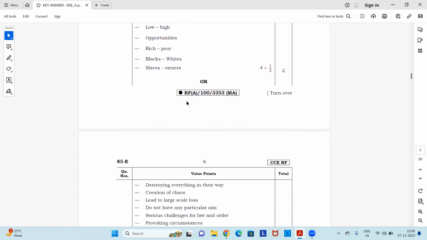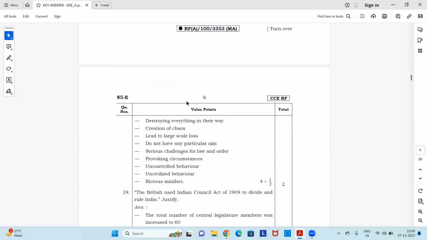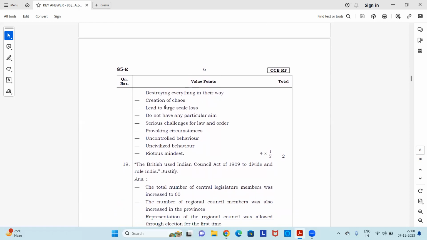Okay, now next, the second answer here: destroying everything in their way, creation of chaos, led to large-scale loss, do not have any particular aim, serious challenges for law and order, provoking circumstances, uncontrolled behavior, uncivilized behavior, righteous mindset. Okay, these are the key points for the second question. Again, any 4 points, you can take from here, remember them, elaborate and write, and you will get the entire perfect answer.